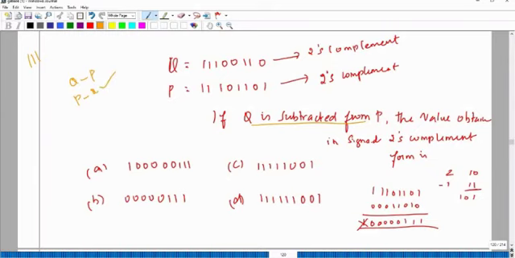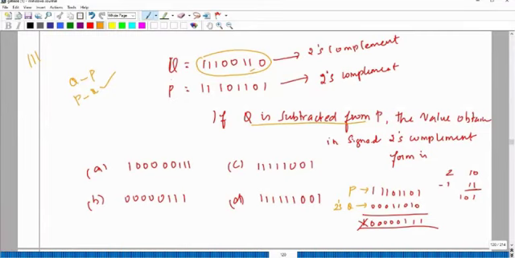I have written P here. Then I have taken the 2's complement of the other number, because subtraction means you have to take the 2's complement and then perform the addition. For the 2's complement representation of Q, I have inverted the number, then added 1. After the first 1, you have to invert the rest of the bits.